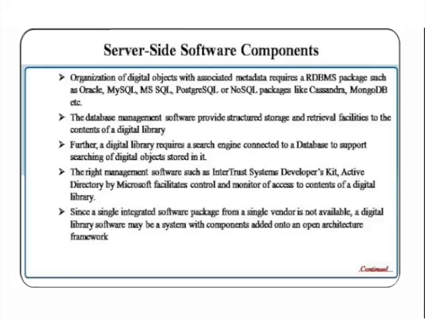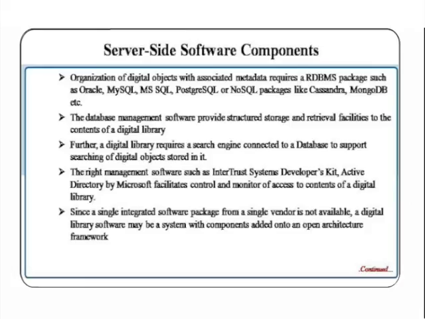Further, a digital library requires a search engine connected to the database to support searching of digital objects stored in it. In addition to this, rights management software such as Intertrust Systems Developer Kit or Active Directory by Microsoft facilitates control and monitoring of access to e-contents of a digital library.